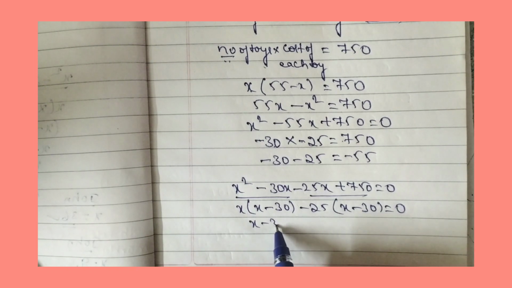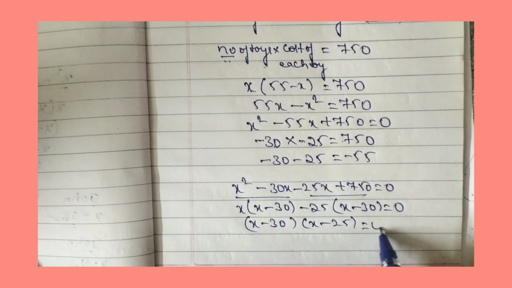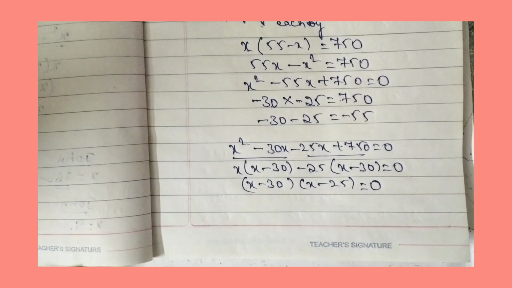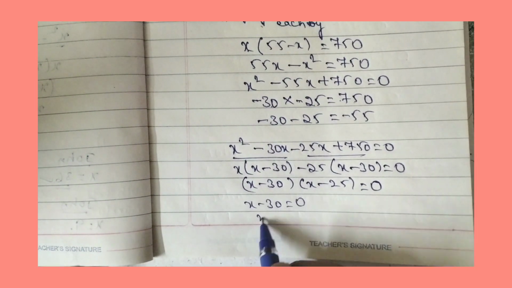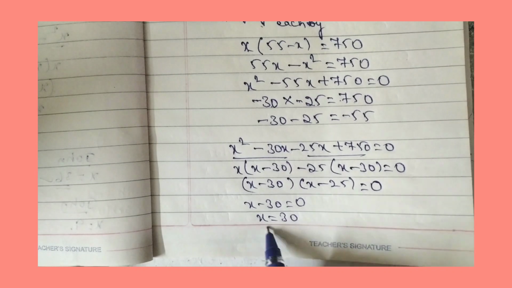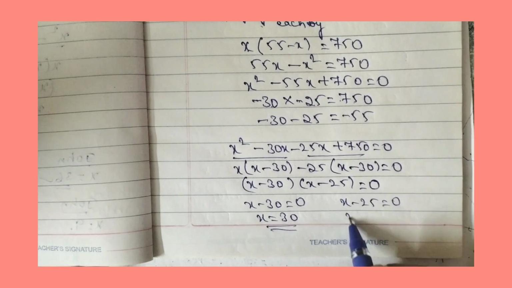What is common to both? X minus 30, and what is remaining? X minus 25, which is equal to 0. So now x minus 30 is equal to 0, x is equal to 30. So x minus 25 is equal to 0, x is equal to 25.